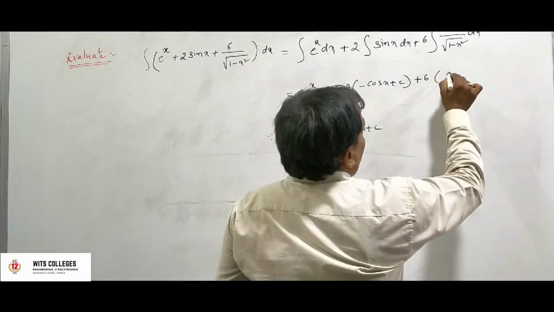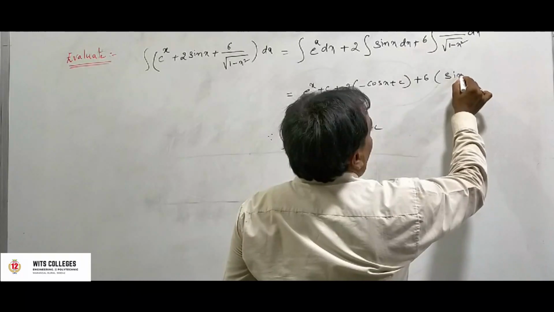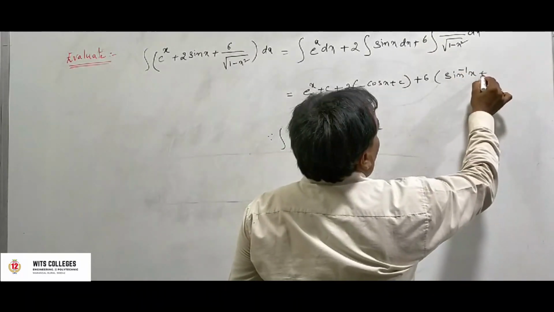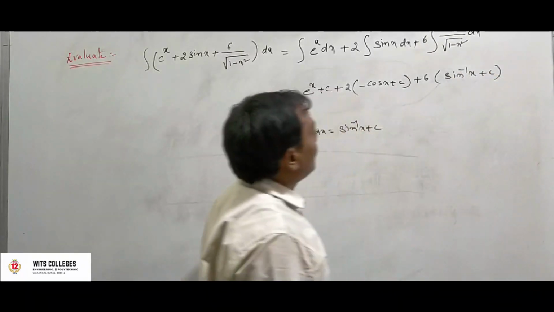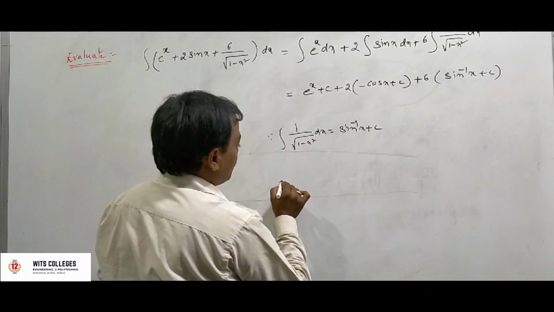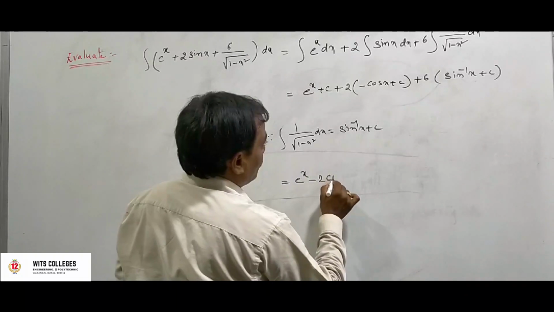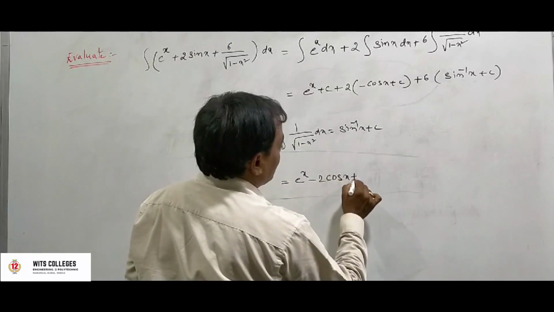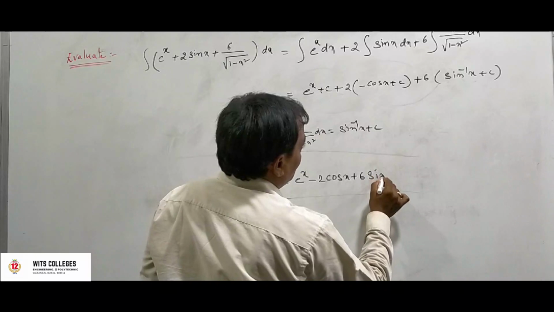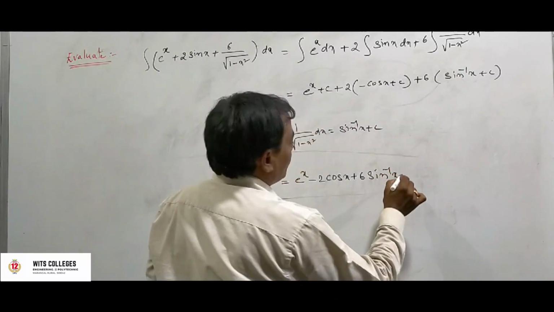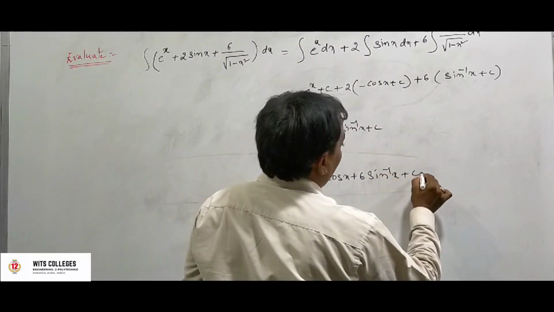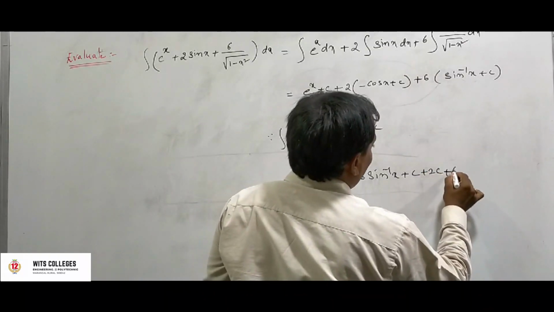So this becomes e power x minus 2 cos x plus 6 sine inverse of x plus c plus 2c plus 6c.